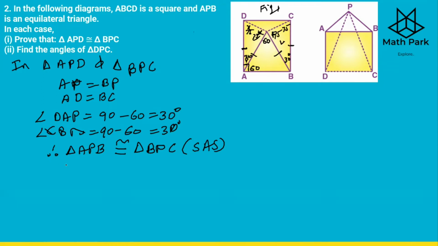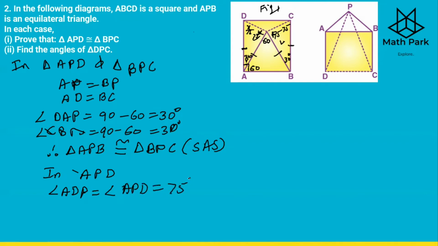So this is how you get, in triangle APD, angle ADP is equal to angle APD is equal to 75 degrees.